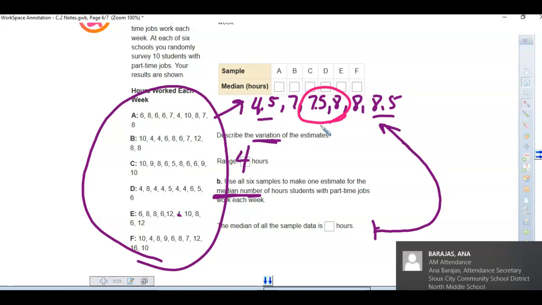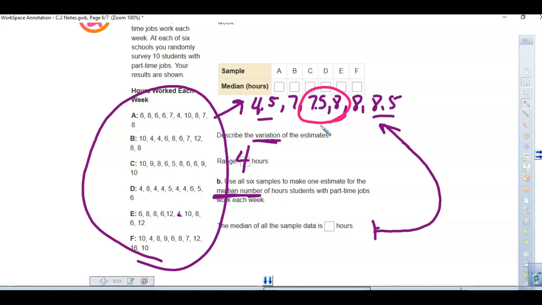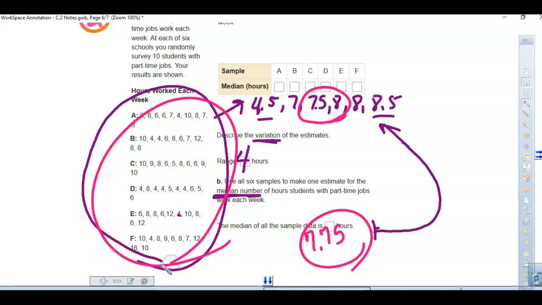Take the average of those. That's one way. Or you can put all of these numbers in order and try and find the median that way. Questions?